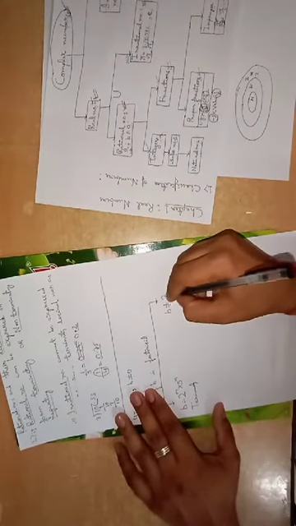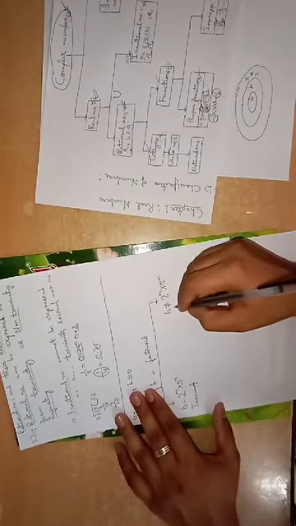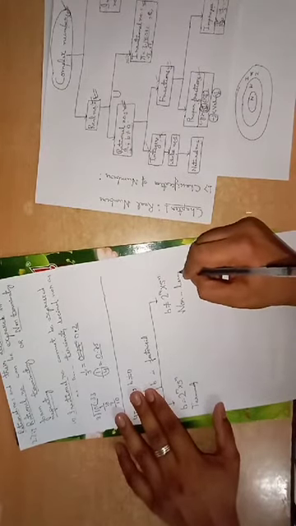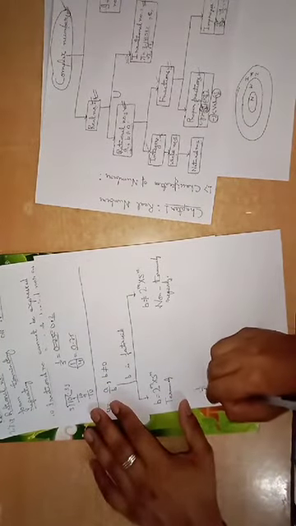But if b cannot be expressed in the form 2 to the power m into 5 to the power n, where m and n are whole numbers, then it is non-terminating and repeating. Like we have seen in these three examples, like 1 by 5.